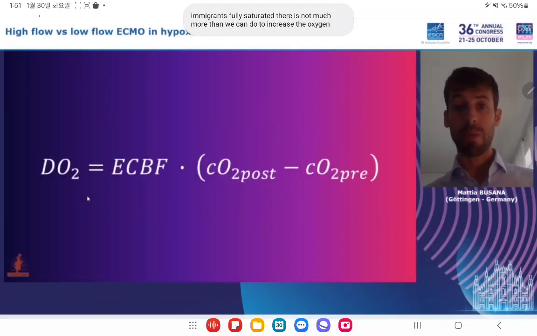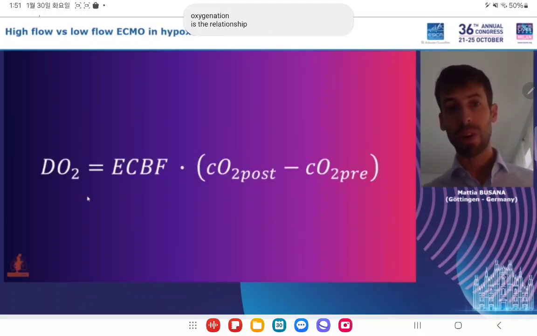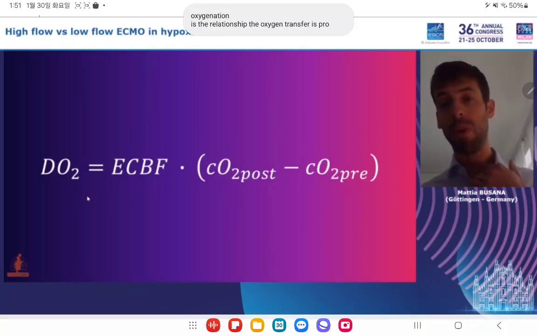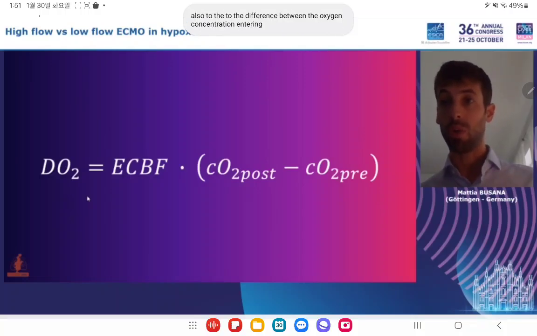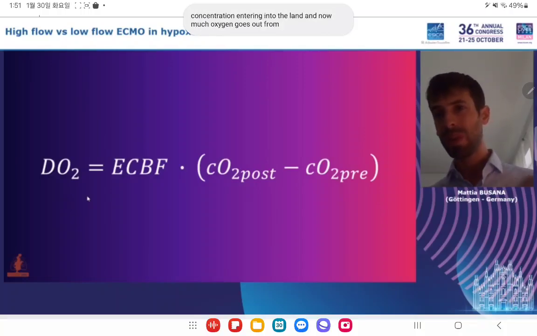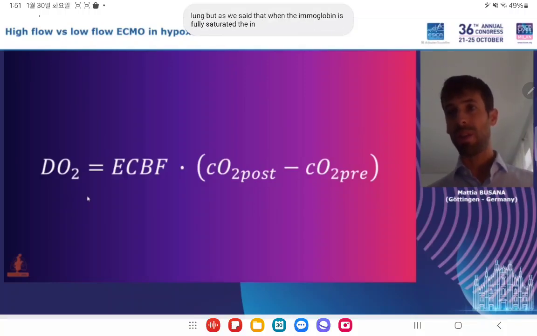And when we talk about extracorporeal oxygenation, this is the relationship. The oxygen transfer is proportional to the extracorporeal blood flow, and also to the difference between the oxygen concentration entering the lung and how much oxygen goes out from the extracorporeal lung. But as we said, when the hemoglobin is fully saturated, the increase in oxygen content is not that much.